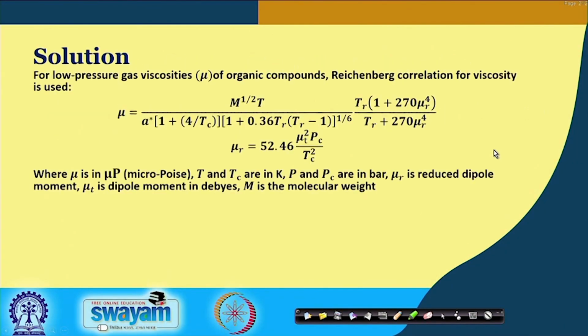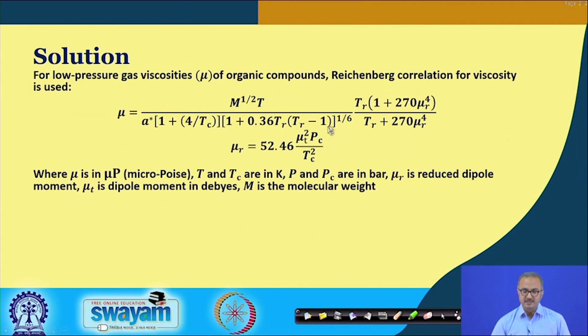Now going to the solution, first we have to find the data from an appropriate source, and I have given you the names of the books from which we have collected these correlations. You find that this is one correlation for the viscosity, and this correlation was proposed by Reichenberg. So we are using this correlation to find the viscosity of the gas, and here you see that in this correlation we need the value of the critical temperature.